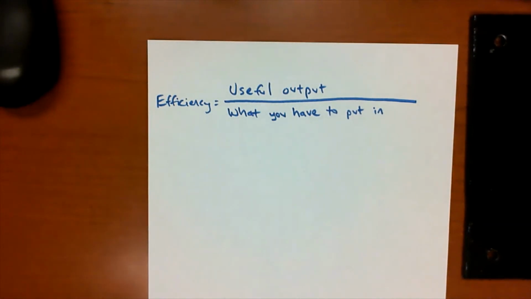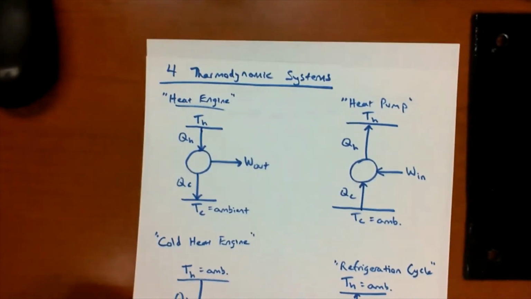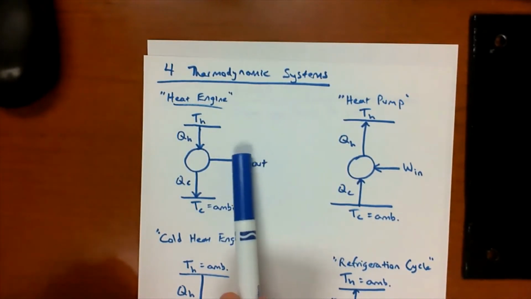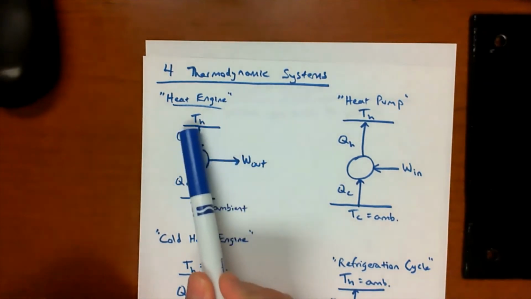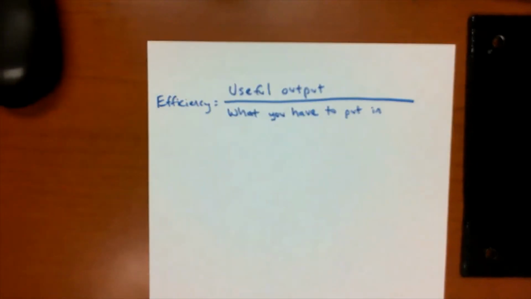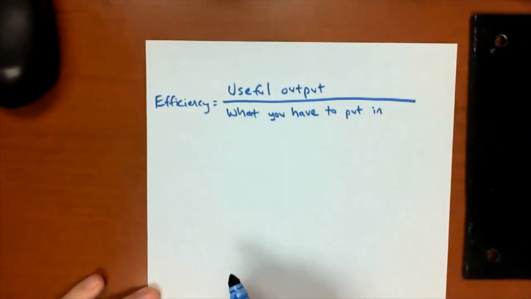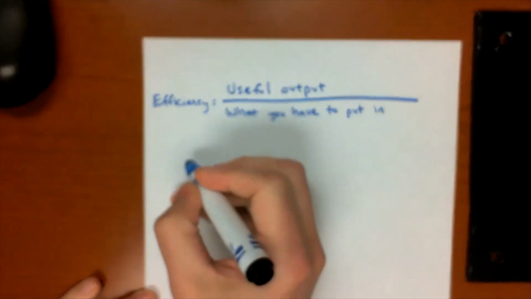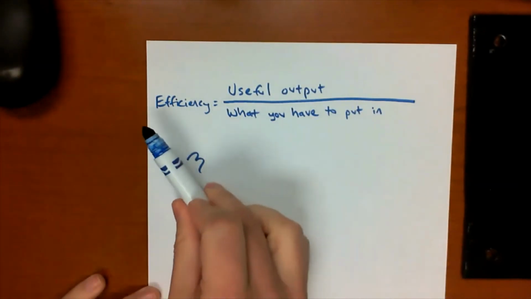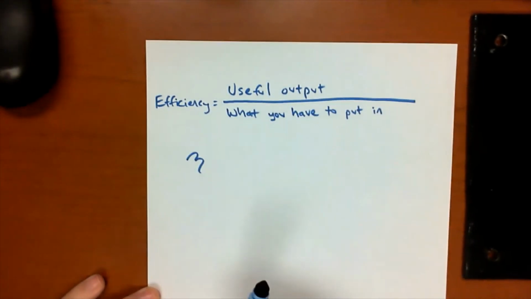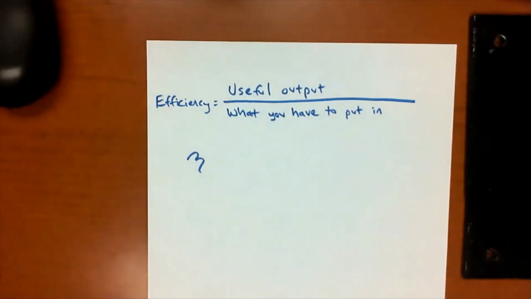All right, so for a steam cycle or a steam system, our output is this, and our input is this. So the efficiency, and by the way, the symbol that pretty much everybody uses for efficiency is the Greek letter eta. It's kind of like a backwards 3, and then rotate it a little bit. So you'll get some practice writing the Greek letter eta.